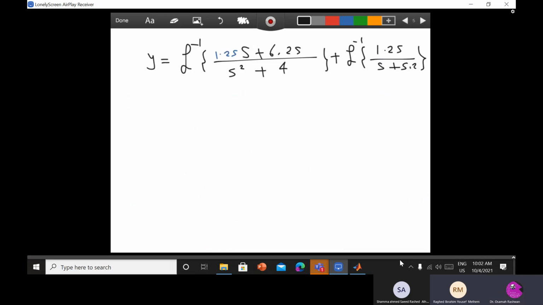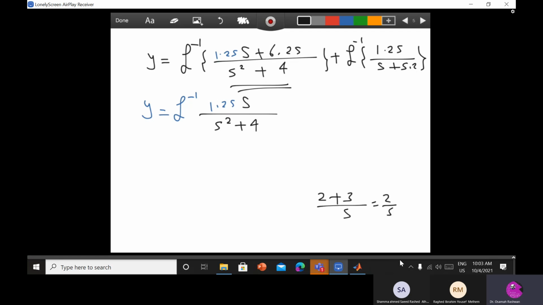Now I can get the Laplace transform. For this one, I cannot do it directly, but I can get it in 2 pieces, right? Okay, let's do it as 2 pieces. Y equal to Laplace inverse for 1.25 S over S squared plus 4. How can I do this one? Remember, if you have 2 plus 3 over 5, you can write it as 2 over 5 plus 3 over 5. This is what I'm going to do. I'll take this one with the denominator and take the other one with the denominator.